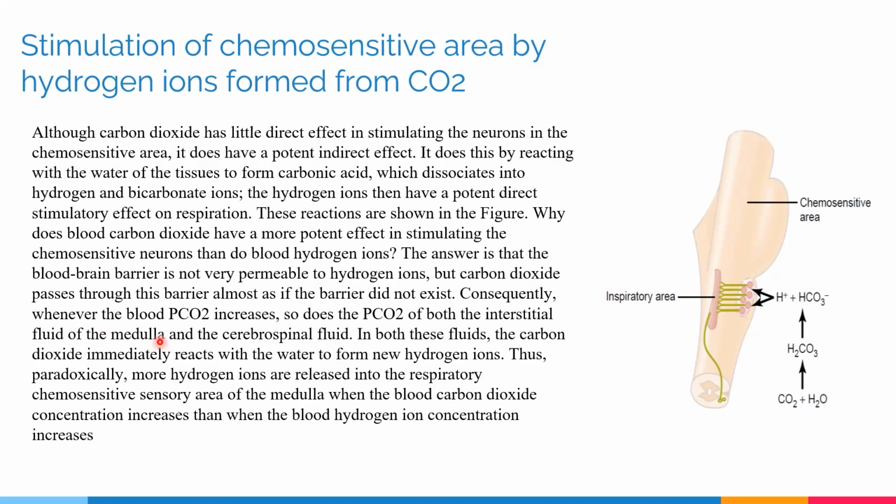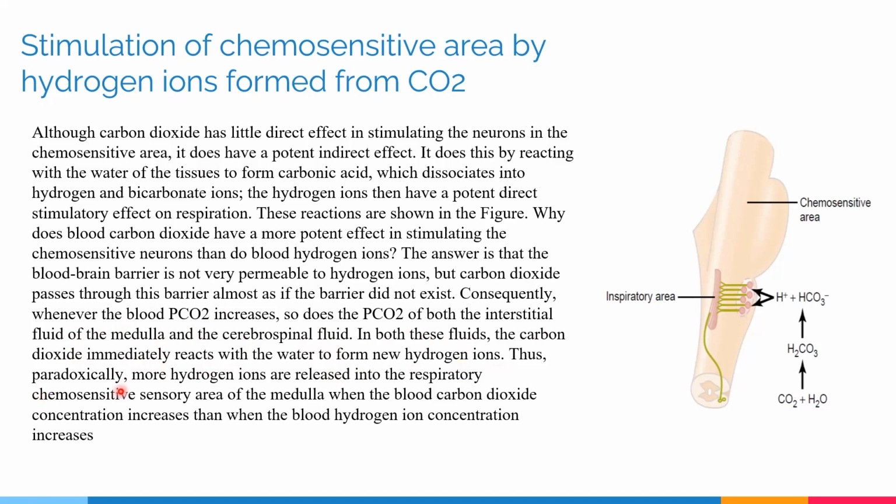Consequently, whenever the blood PCO2, or partial pressure of CO2, increases, so does the partial pressure of CO2 in both the interstitial fluid of the medulla and the cerebrospinal fluid. In both these fluids, the carbon dioxide immediately reacts with water in order to form new hydrogen ions.